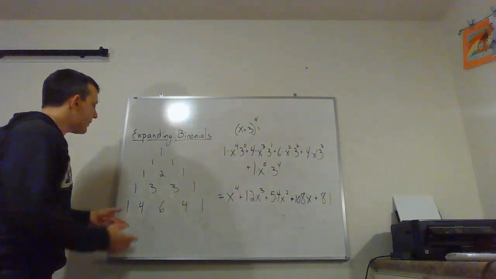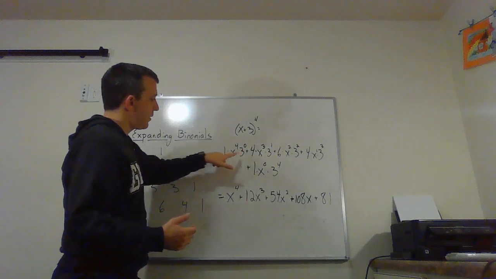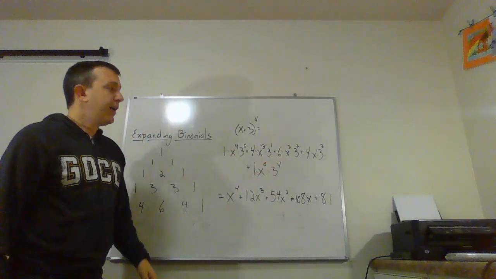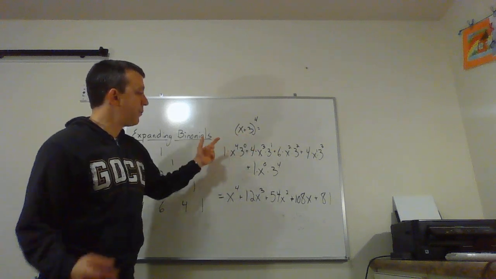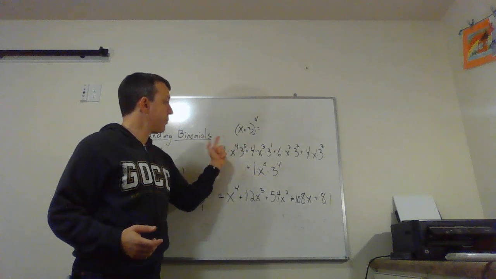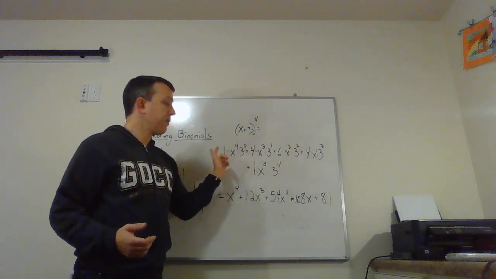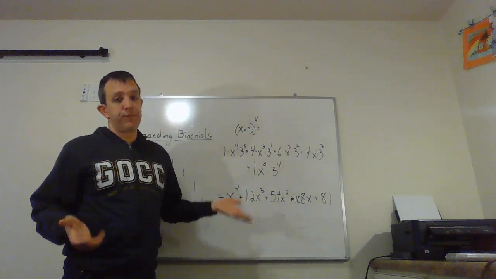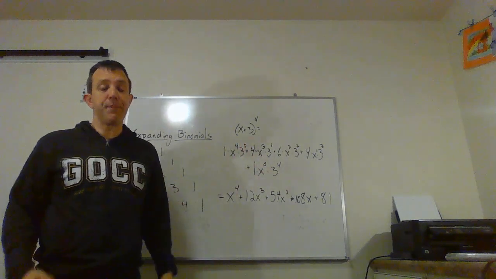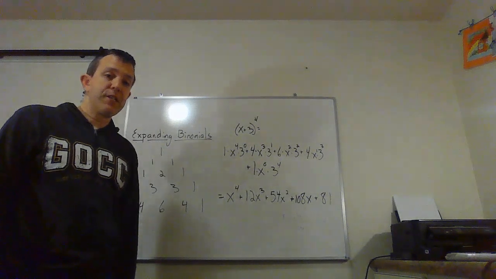And so what we get is we use these numbers as the extra coefficients to multiply by, and we use the 2 things on the inside with powers that go in opposite directions. The first one has power that goes down, the second piece has powers that go up, in this case from 4 down to 0 and 0 up to 4. Clean up your mess, and you have your expanded polynomial.